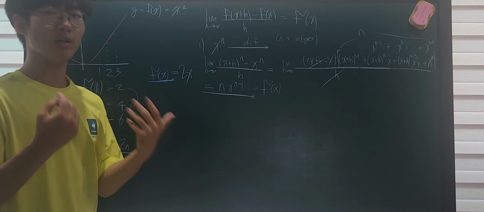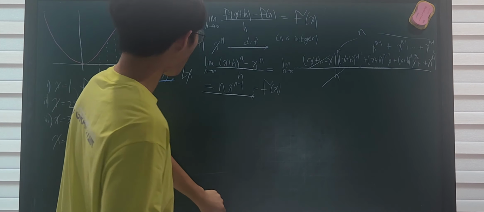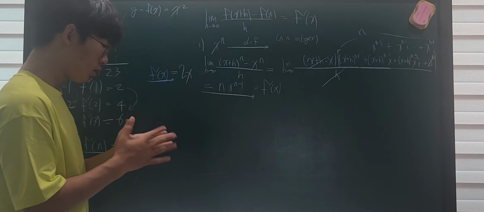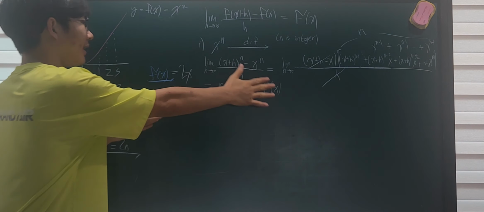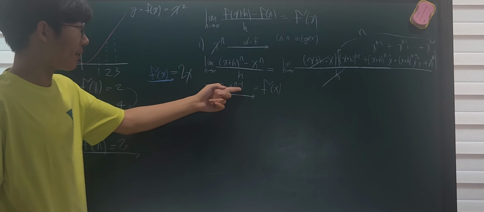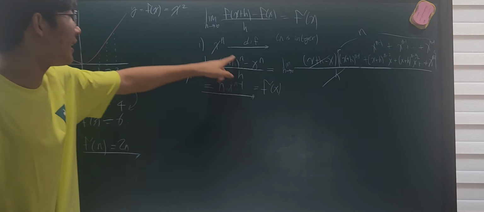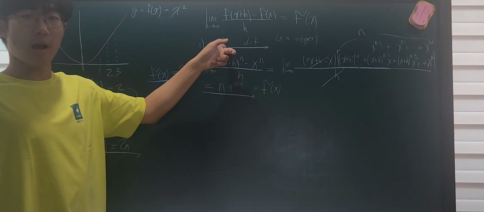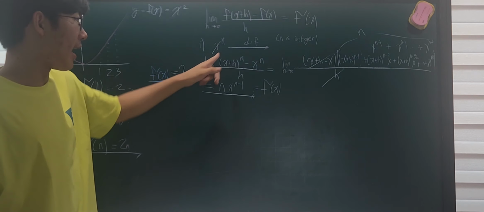So although it was a very long and complex description, do you understand now? This f prime of x is equal to n times x to the power of n minus 1, when f of x is equal to x to the power of n.